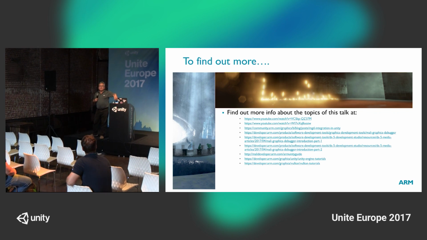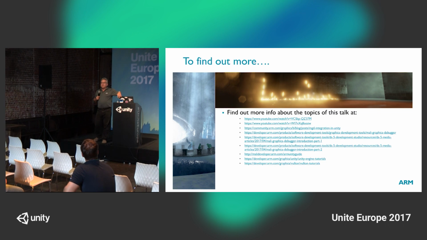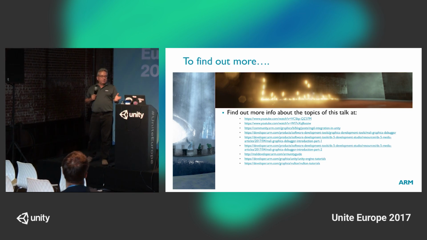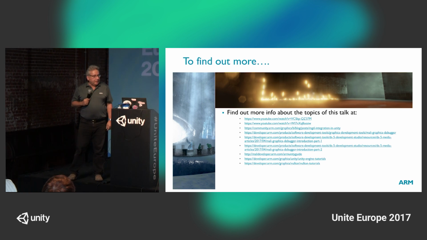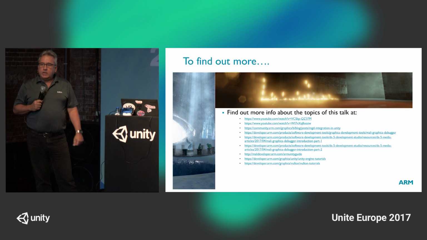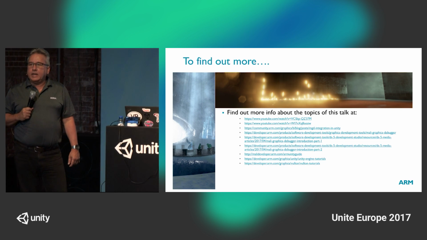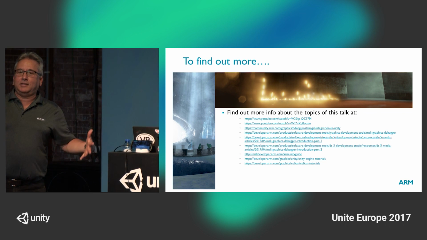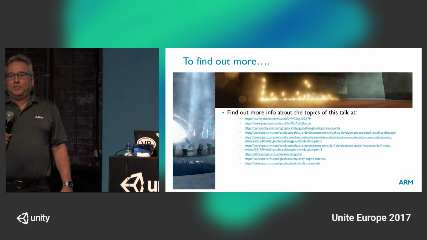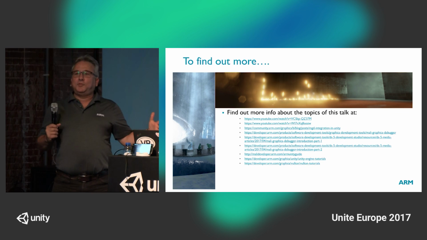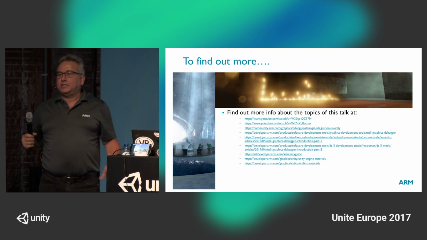Even though it is not the latest Samsung device, it is not our latest GPU, but it's running on our GPU, and it's rendering really nicely with good performance. So it is something that is part of the daily life already in Unity. You don't need to wait for the future. It's really now. It's up to us to start using it.